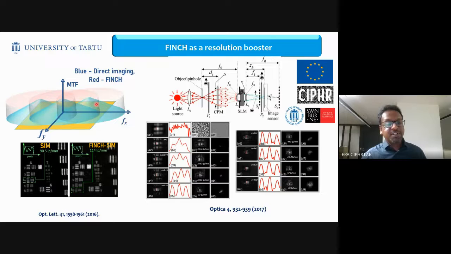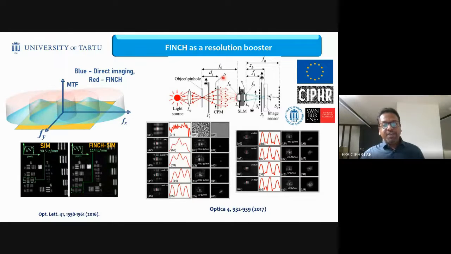But if this regular imaging system is replaced with Finch, you can see that this uniform profile enhances the resolving power even further. So this is the demonstration we made in 2016. This is the result with structured illumination and a regular imaging system, and this is the case with Finch and the structured illumination method. You can see we were able to perceive features which are not visible in the previous study.